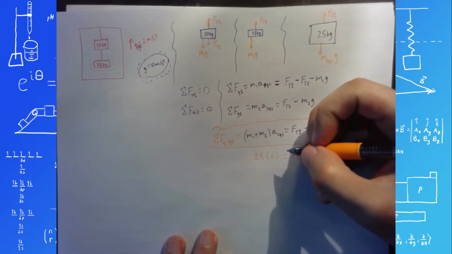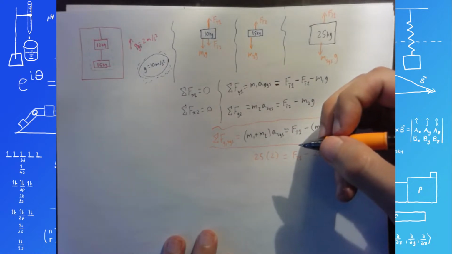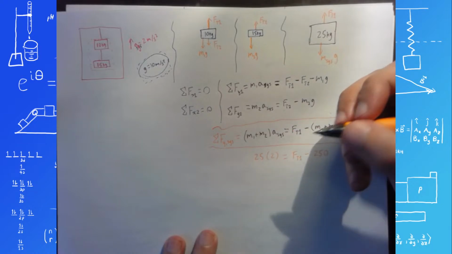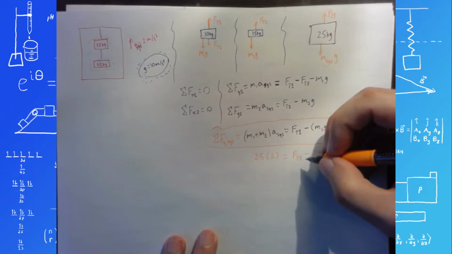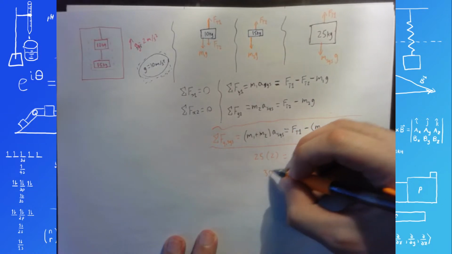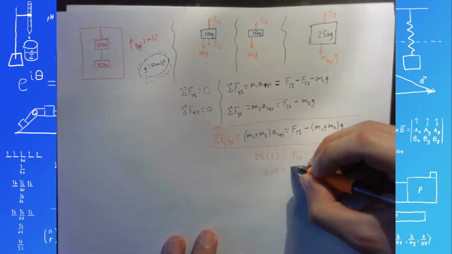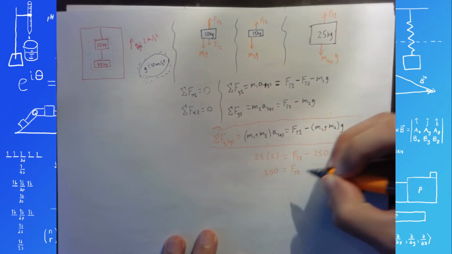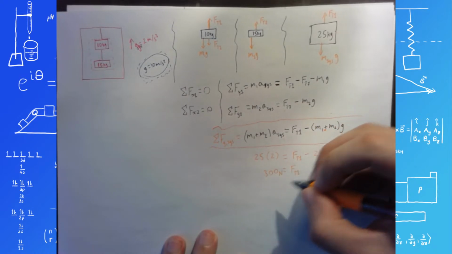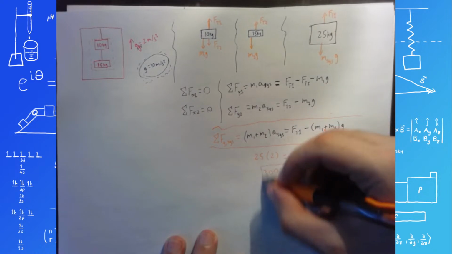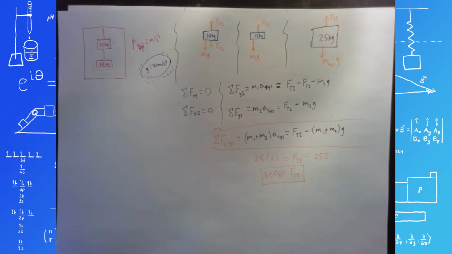So that's 100. Or no, not 100. What am I saying? 25 times 2 is 50. 50, and then plus 250, that's going to be 300 equals force of tension 1, specifically 300 newtons. Do not forget the units. So that's one of our answers.